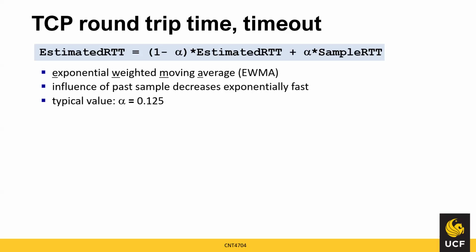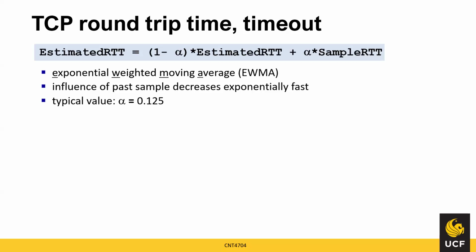This process is also called EWMA, or exponential weighted moving average. It helps smooth out variations so that older samples have less influence over time, while new ones have more influence. The typical value for alpha in most TCP implementations is 0.125, or 1/8.